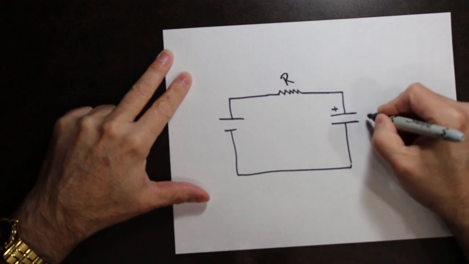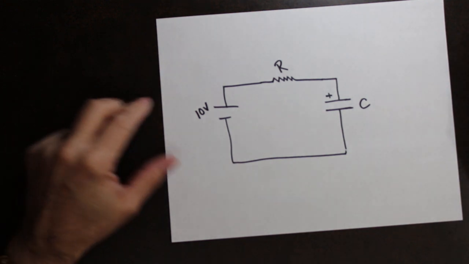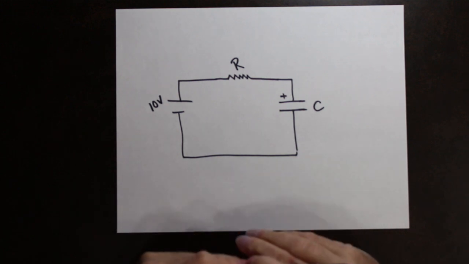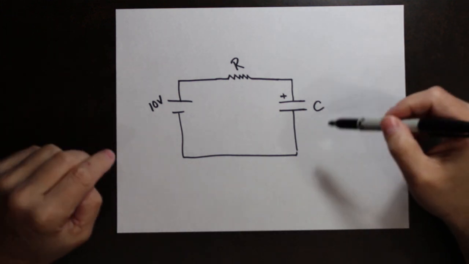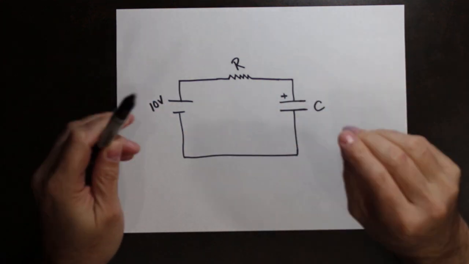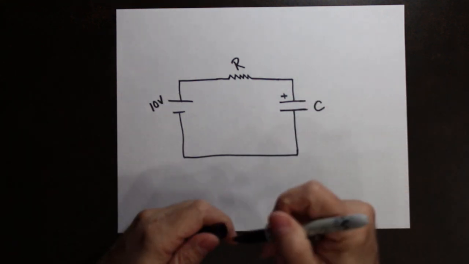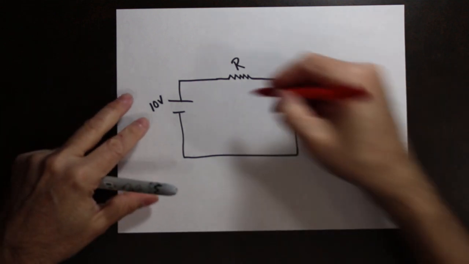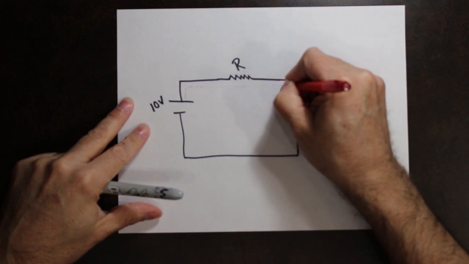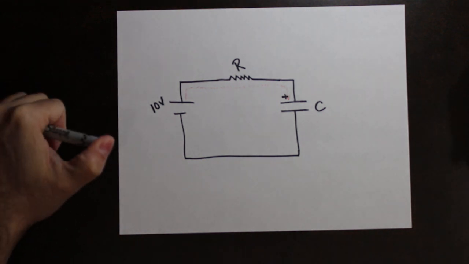We have a resistor, we have a capacitor, and let's say we have 10 volts coming from our supply. Just like everything else in the world, nothing happens instantaneously. It takes time for the capacitor to charge. So think of it as the electrons leaving the power supply, flowing through the resistor, and building up charge inside that capacitor.